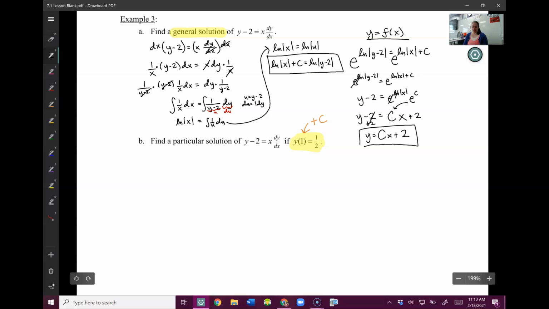So I'm going to take my solution, y equals cx plus 2, and now I need to plug that in to solve for c. So y is 1/2, x is 1, so I subtract 2, and I get c is -3/2. So my particular solution would be that.